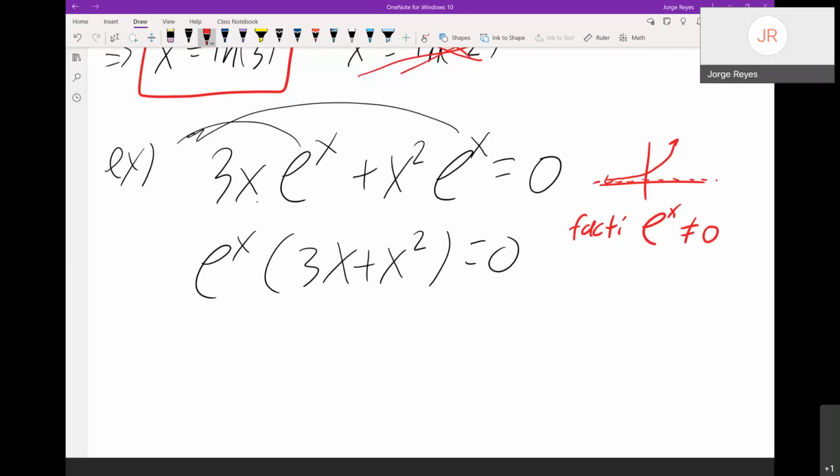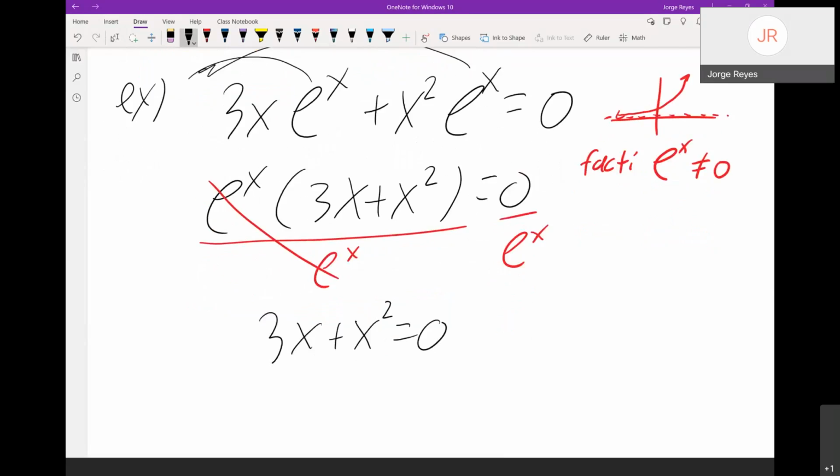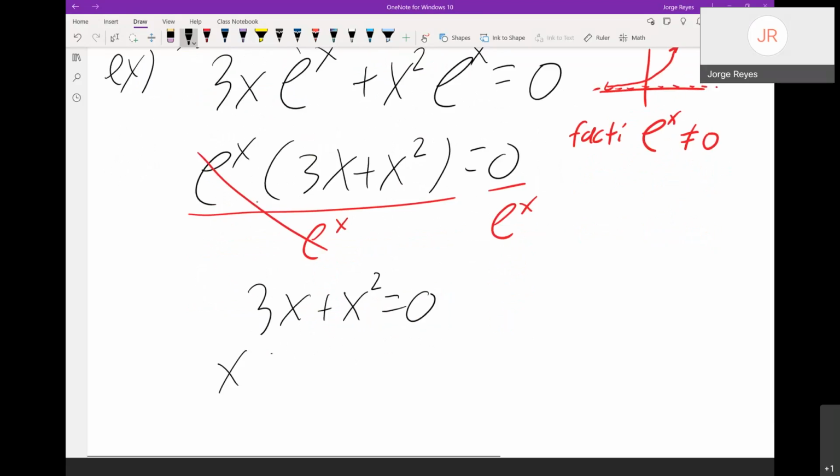So that means technically I can divide both sides by e to the x and just get here. And now it's just a polynomial that we know how to solve. Now it's just this. Which implies x equals 0 and -3, and those are the answers.